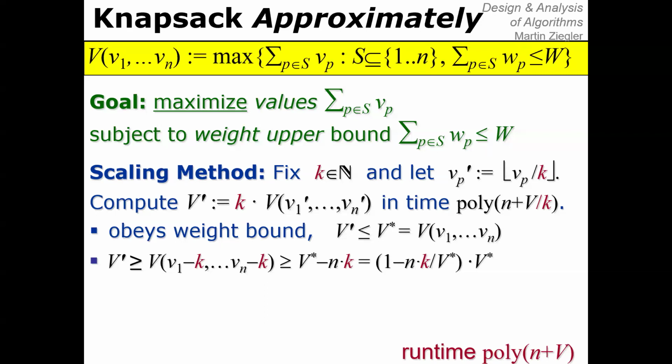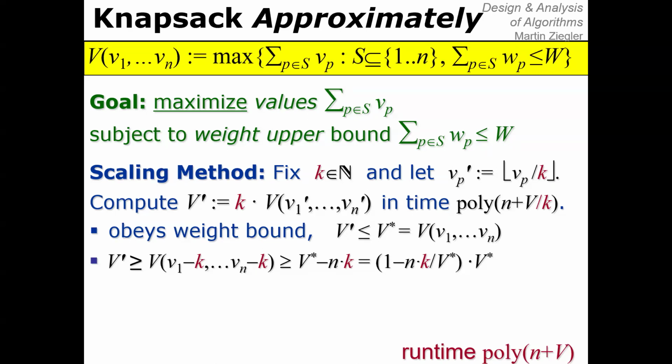Now, if we calculate the optimum, and each packet we have made cheaper by at most k due to our rounding, then our output would be at most n times k less than the optimal output.